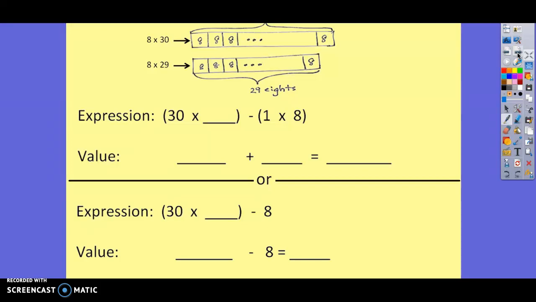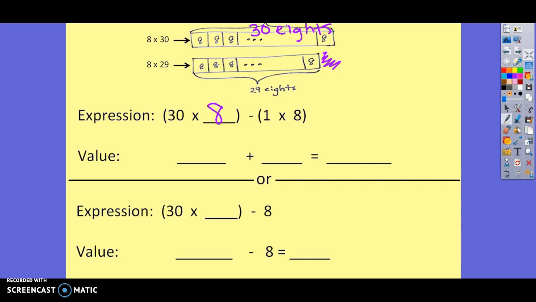Here's another way to represent that using a tape diagram. We have 30 8s in our top visual here. That's 30 8s, whole numbers. And at the bottom we have the 29 8s, and it's just one 8 short, one 8 less than we had before. So the expression would be 30 times 8 minus 1 times 8.